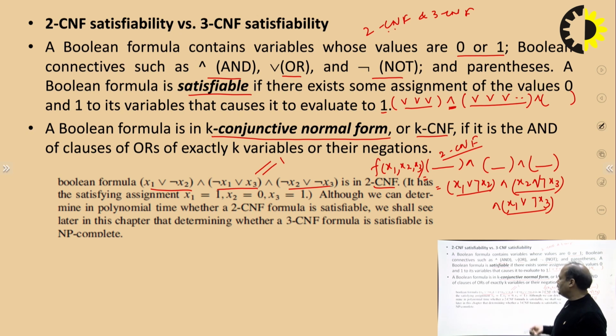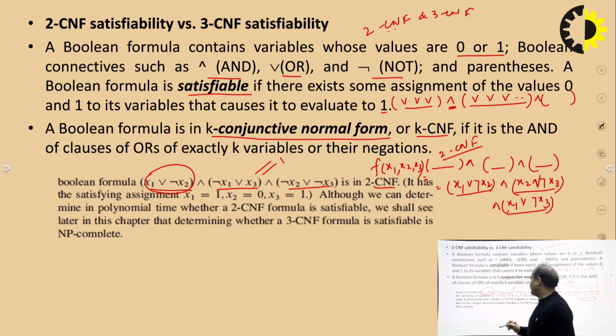Yes, we can do it in polynomial time if it is only a conjunction of disjunctions of two variables. You can see here, if you assign x1 as 1, x2 as 0, x3 as 1. So x1 is 1, so this is 1. Or not x2, x2 is 0, so not x2 is 1.